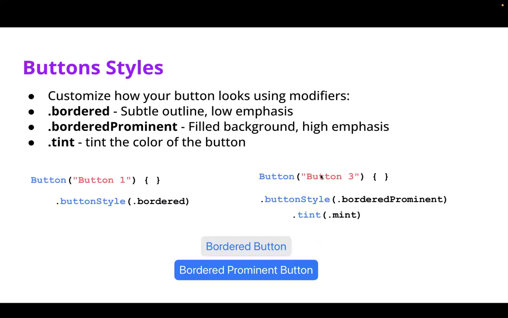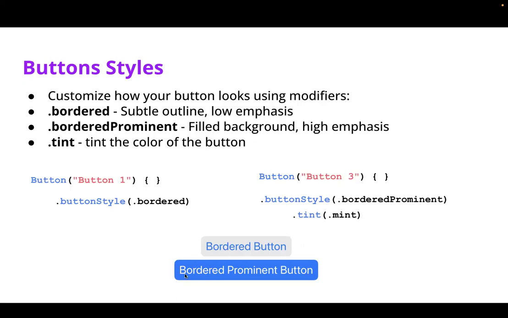Okay. And so you can also style your buttons using different modifiers. The main ones here are bordered, which basically gives a subtle outline and a low emphasis to your button. In this little picture below, bordered is the top example. And then we can also use bordered prominent to give it a filled background and have more high emphasis.